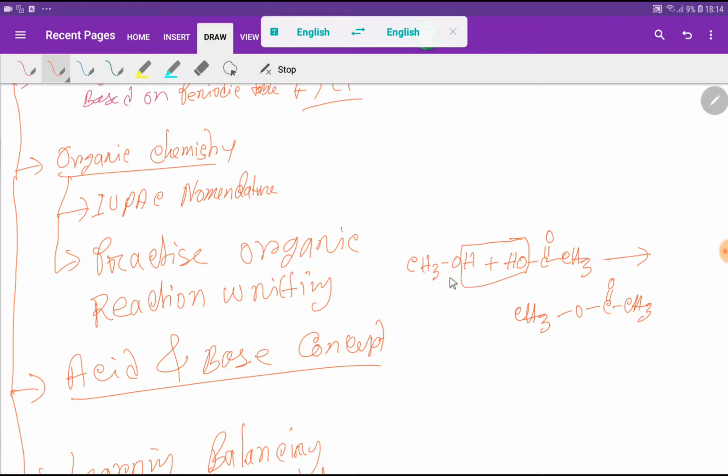Look at here, methanol and here ethanoic acid. Here the OH will come from ethanoic acid and the H from methanol, and we get ester, right? Here methyl ethanoate. So I am writing here, and also I am indicating which is which. So you have to write everything, right?